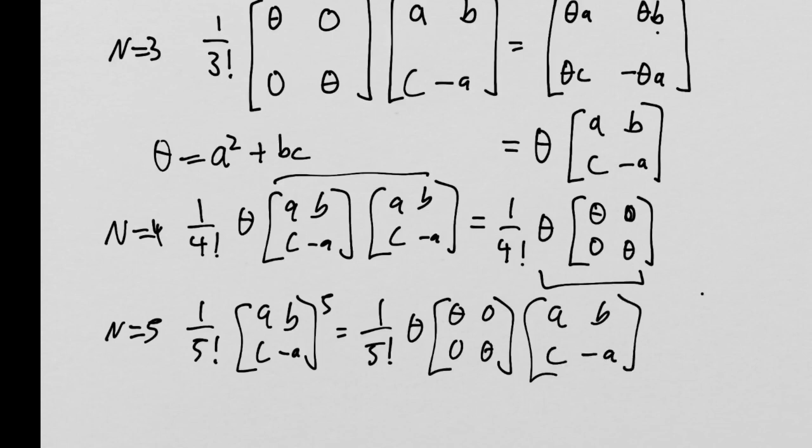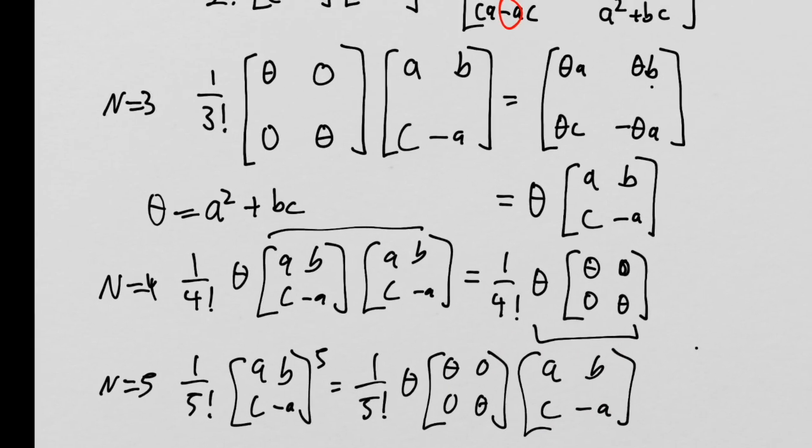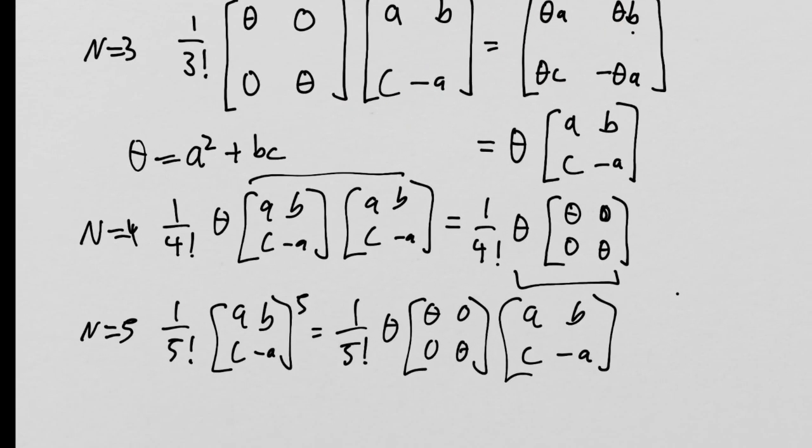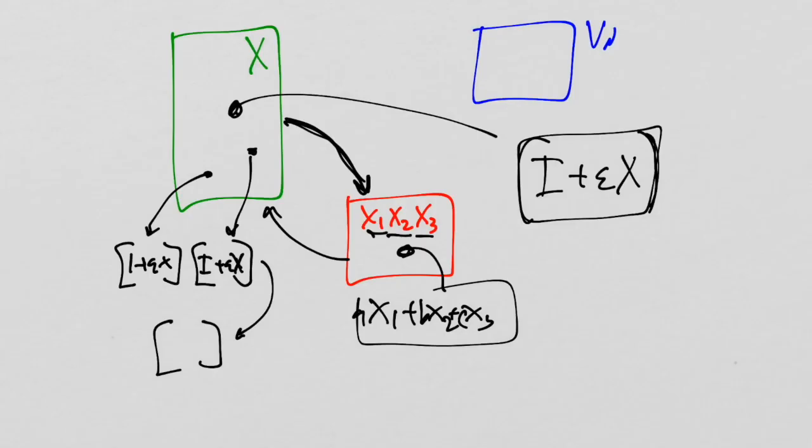But then we just drop back again into the same product that we had right here, which is just theta times the matrix again.